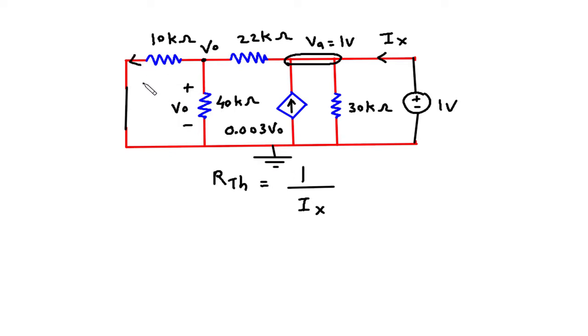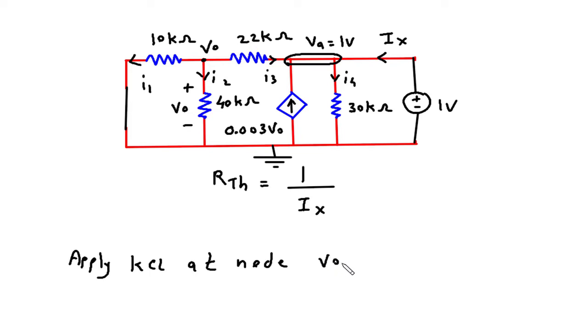Let's say this is current I1, this is current I2 and this is current I3, this is current I4. So apply KCL at node VO. Now when we apply KCL at node VO, entering current at this node is 0.